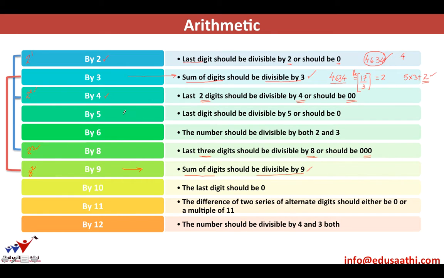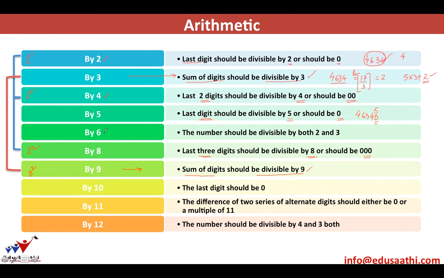Let's look at the divisibility rule for 5. I will look at only the last digit. It should be either 5 or 0. So the last digit of any number, again I take this number 46434, if the last digit is either 0 or 5, the number is divisible by 5.